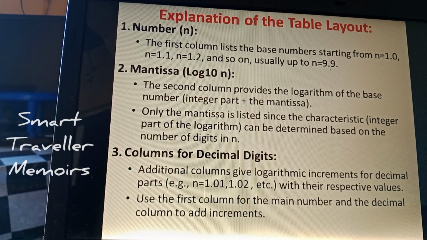Number n: the first column lists the base numbers starting from 1.0, 1.1, 1.2, and so on, usually up to 9.9. Mantissa: the logarithm of n to base 10. The second column provides the logarithm of these base numbers.